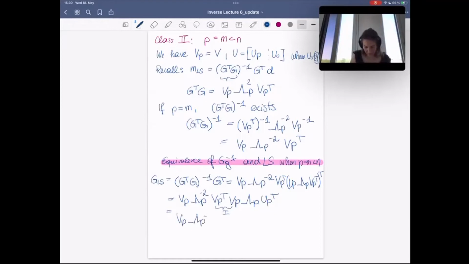Vp lambda p to the power of -2, oops, no, this is not Vp, it's lambda p, Up transpose. And this again we can merge together, equals Vp lambda p to the power of -1 Up transpose, which equals our general inverse operator.